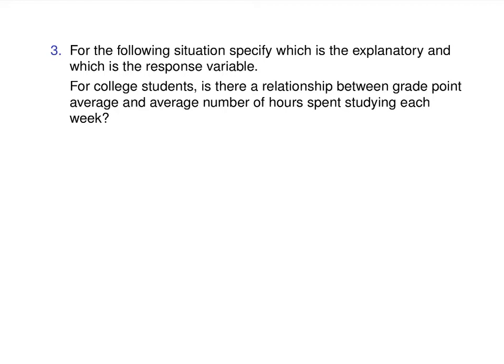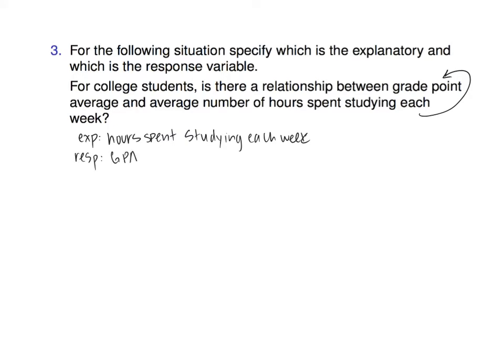And I would say how much you study probably leads to a response in grade point average. So the explanatory variable in this case is hours spent studying each week. And the response is grade point average.